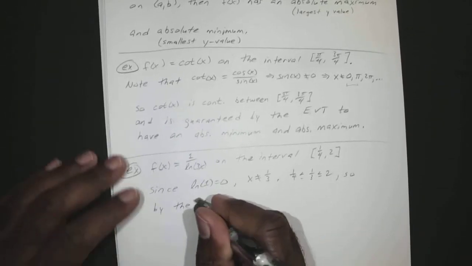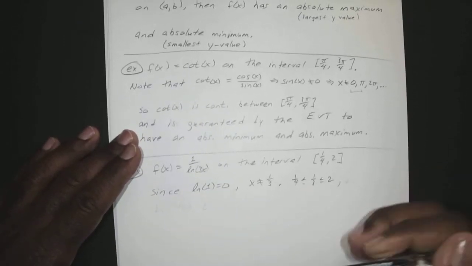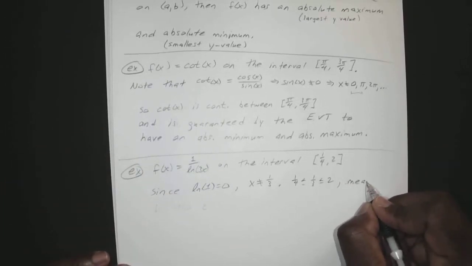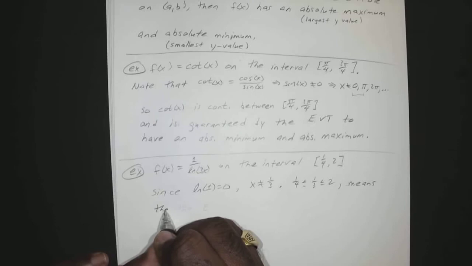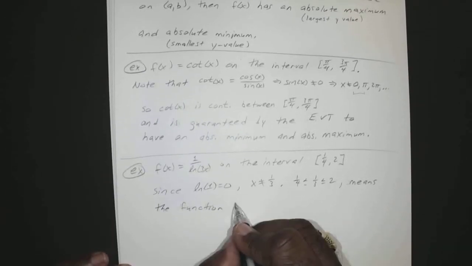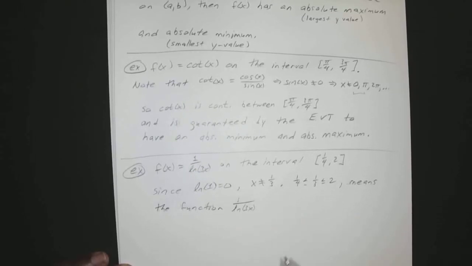No, actually, I should have put that as not continuous. So it means the function 1 over natural log of 3x is not continuous on that interval.